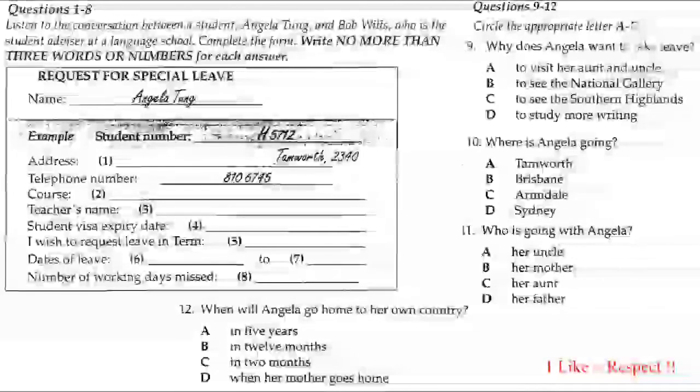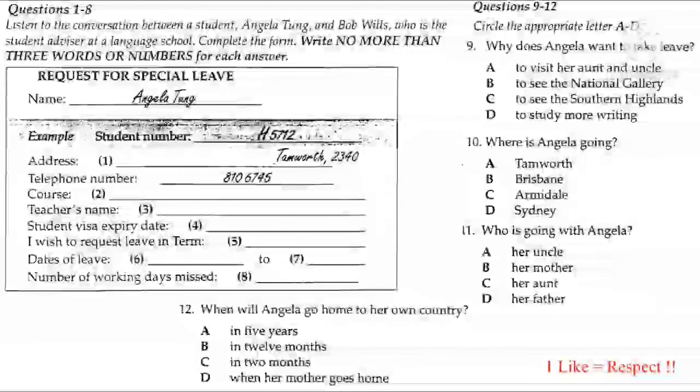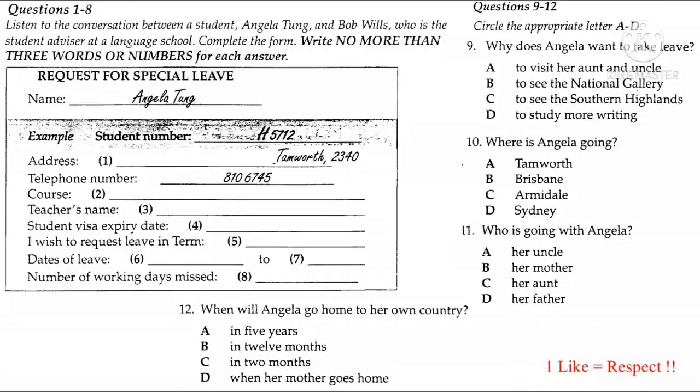It's H for Harry, 5712. H5712. OK. What's your address, Angela? I live at 10 Bridge Street, Tamworth. 10 Bridge Street, Tamworth. And your phone number? The telephone number's 8106745.